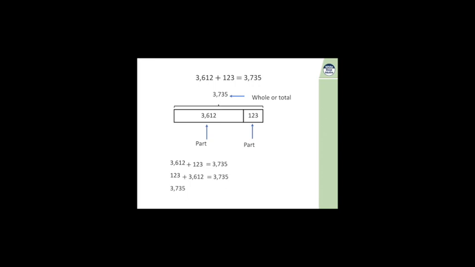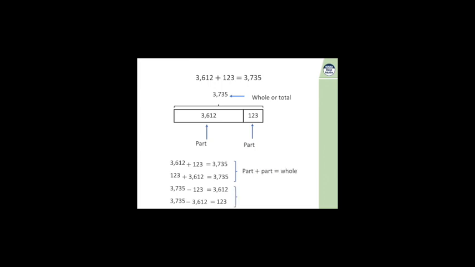Doesn't quite work the same for subtraction though. So we've got 3,735 minus 123 gives us 3,612, or 3,735 minus 3,612 gives us, I wonder if you can perhaps guess the number that it's going to be. It's 123.